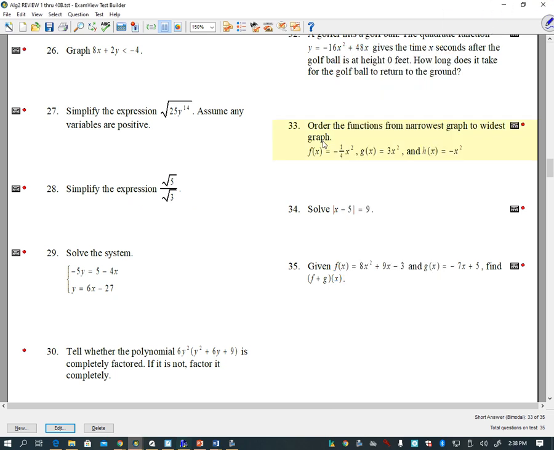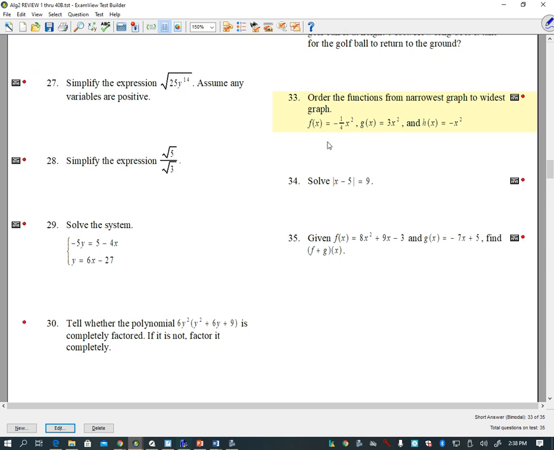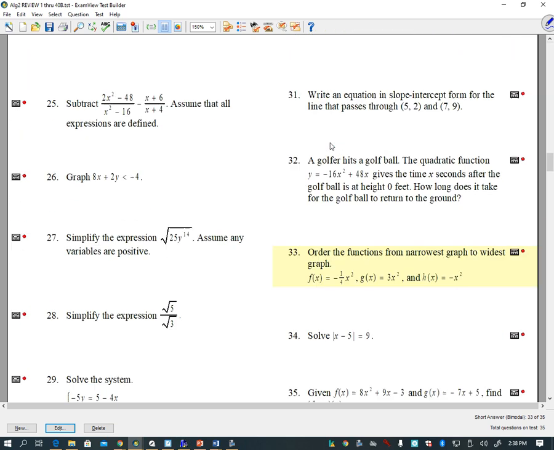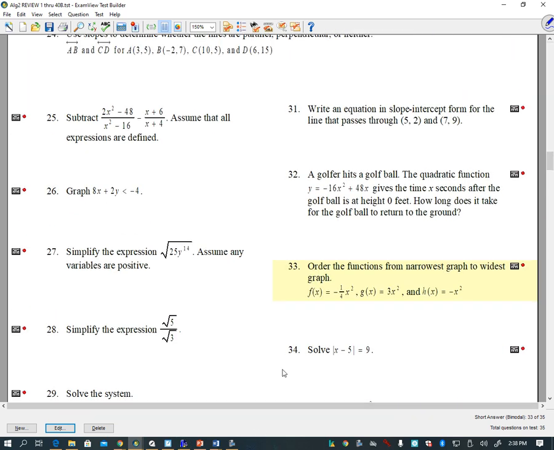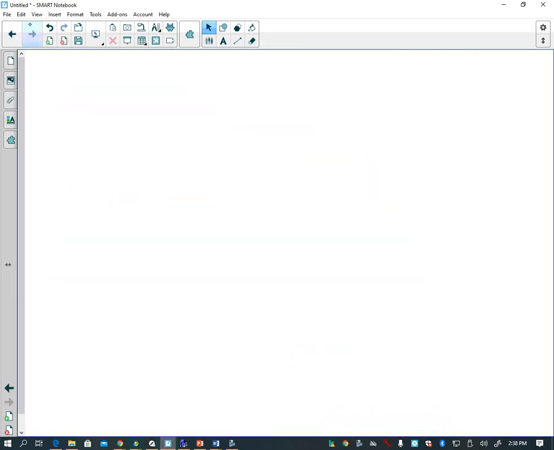All right. Let's see, what are we ready for? 31? Okay. 31, write an equation in slope-intercept form for the line that passes through (5, 2) and (7, 9).